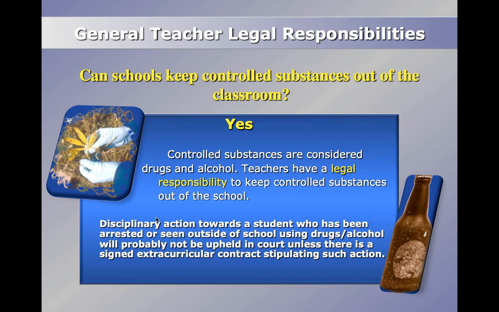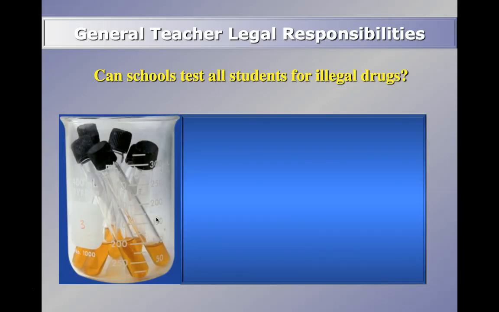So we can, on extracurricular, control after school usage if you sign those extracurricular contracts. Can you test all your students for illegal drugs? That is, just to attend a public school, you'll be subject to random testing.